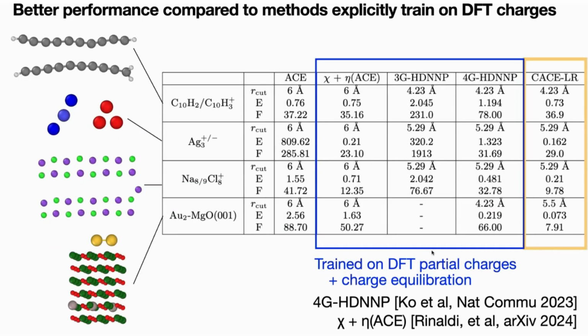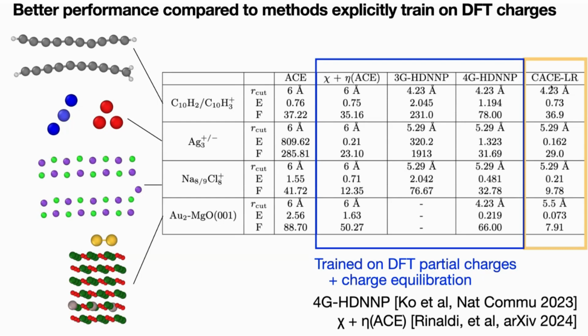There has also been a different school of thought, which originated from the pioneering work of the fourth generation of the Behler-Parrinello neural network. The idea there is that you can explicitly train on DFT charges followed by a charge equilibration scheme.